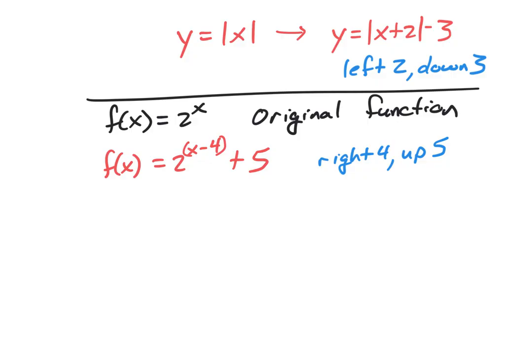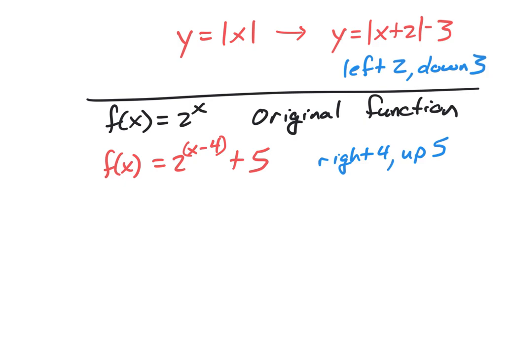Same types of transformations that are taking place as with what we've talked about with other functions. Now, if I was going to graph this, there's no doubt that you can use your calculator, and I keep talking about that. Your calculator is a pretty cool tool here. What I want to show you is how that change takes place and some of the things that I would be looking for, because you're going to have to graph something like this on a quiz or a test.